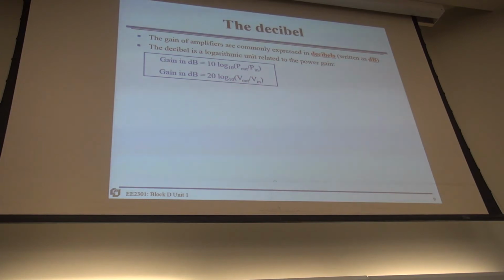However, remember, power is V squared divided by R, right? And power is I squared times R, right? That's the power. You learn circuits, Ohm's law. Power is I times V, right? Is V squared divided by R, or I squared times R, right?